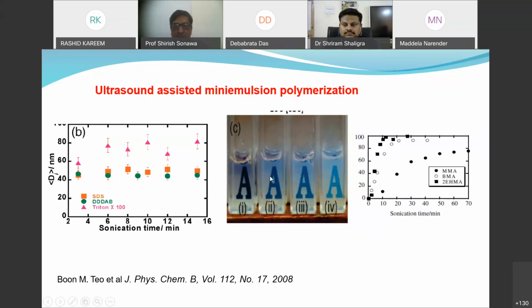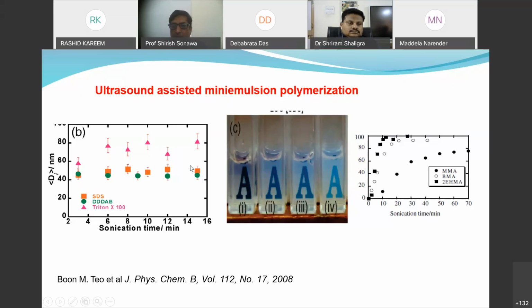Then the oligomers are formed, which were somewhat bluish in color, and when the complete latex is formed, it is sticky in nature as complete polymerization happens. And from this sonication time, within 16 minutes, we are able to achieve 40 to 60 nanometer size latex.